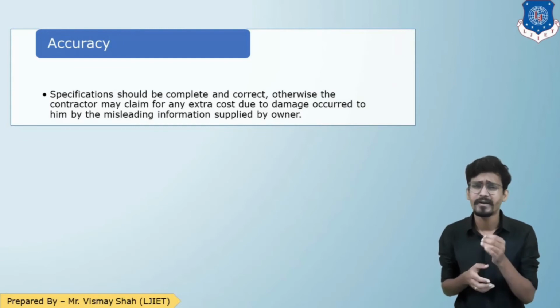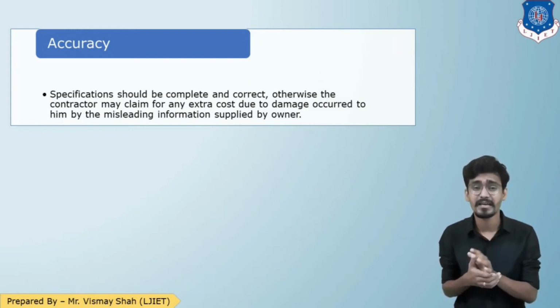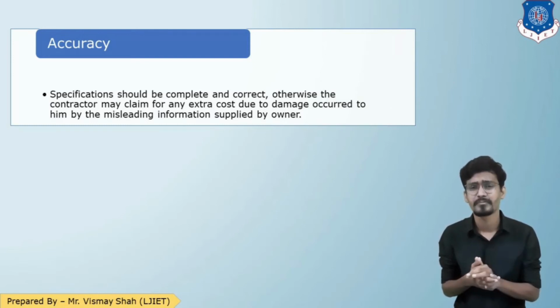Suppose you have written a sentence in the specification that the contractor shall throw the excavated material outside the plot area. I am repeating, you have written in the specification document that the contractor shall throw the excavated material outside the boundary of the plot area.